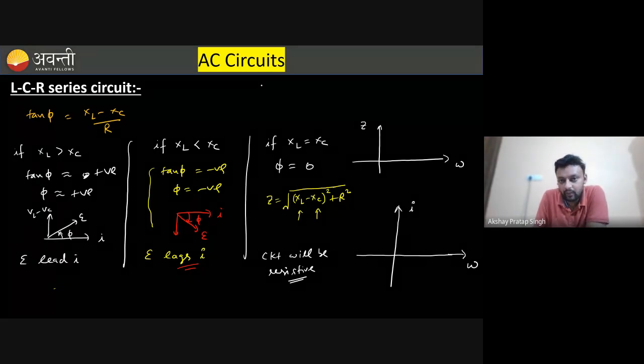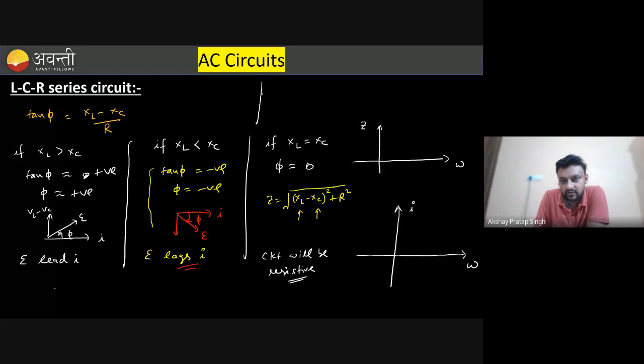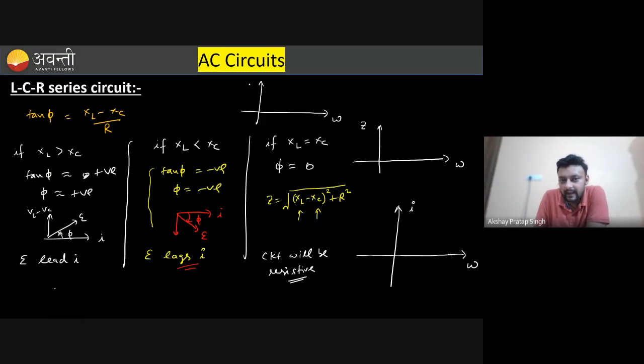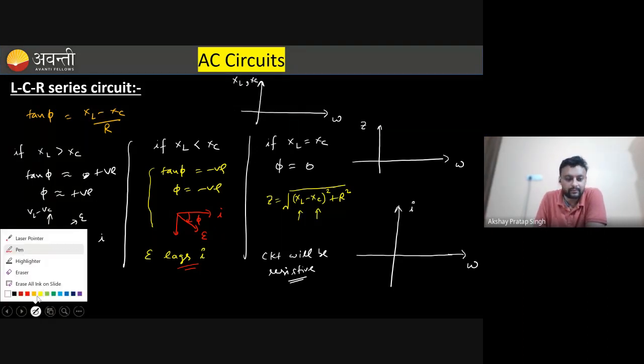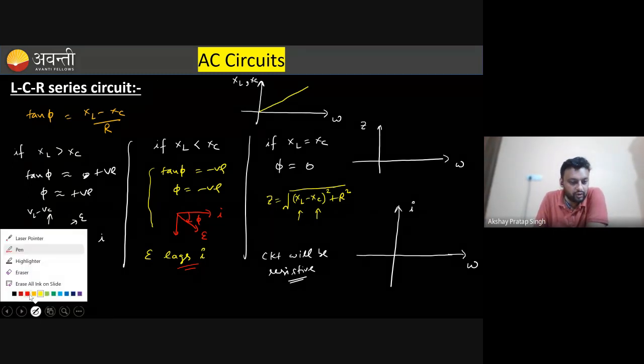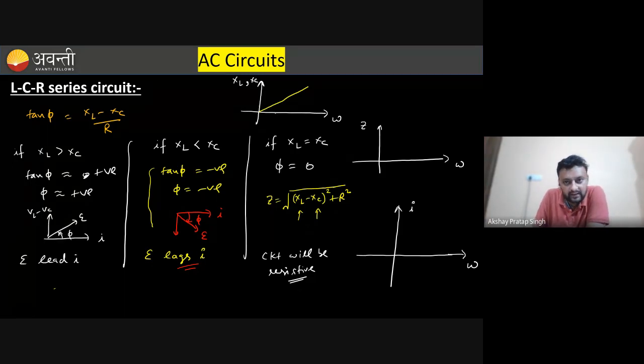These graphs are very important, so be alert. This is omega, and on the y-axis I am taking XL and XC both. You can see XL was something like that. We have drawn this graph already, and for XC we have also drawn the same graph like this one.